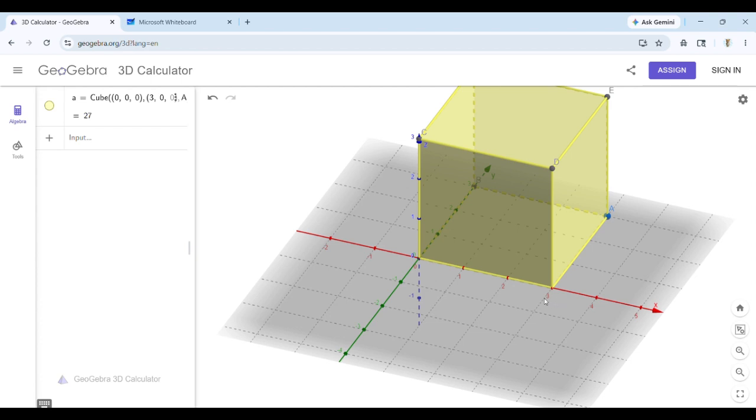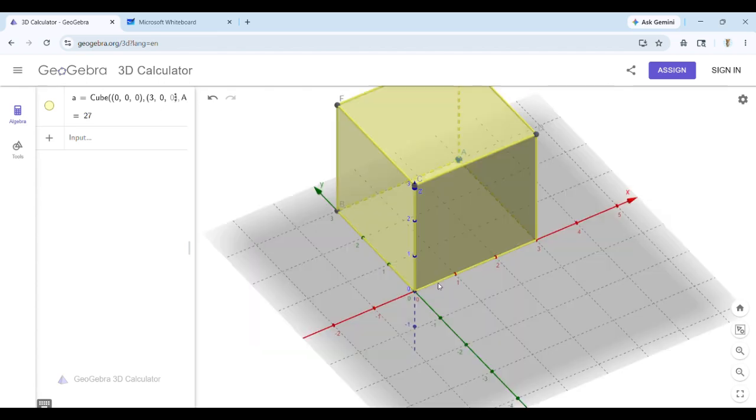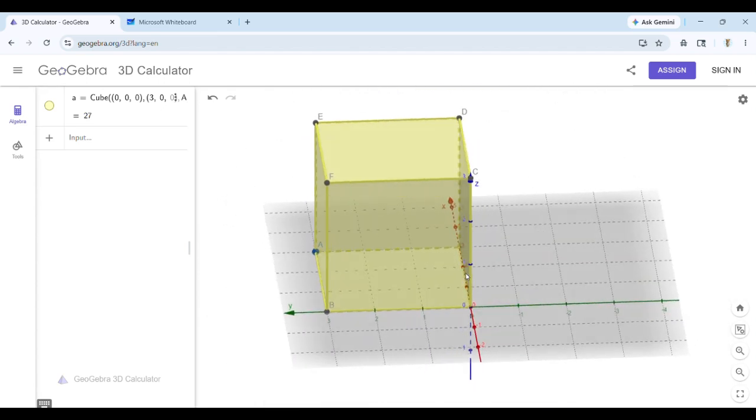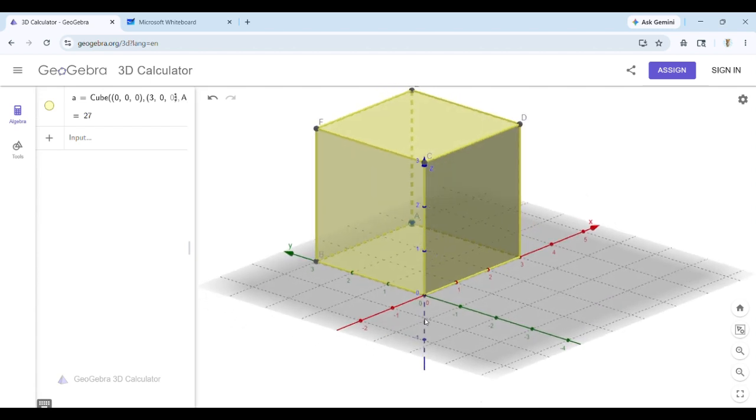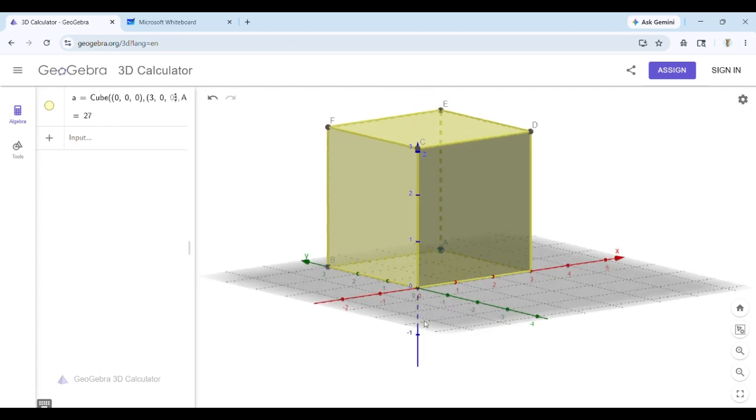Now let's look at the green width axis. Let's count from 0: 1, 2, 3. So there are also 3 units. If we apply just the floor dimension, like we are finding the area, 3 times 3 gives us 9 square units on the bottom floor.